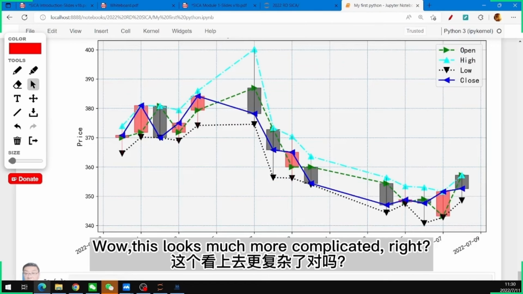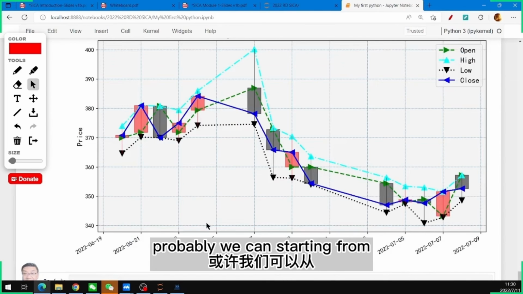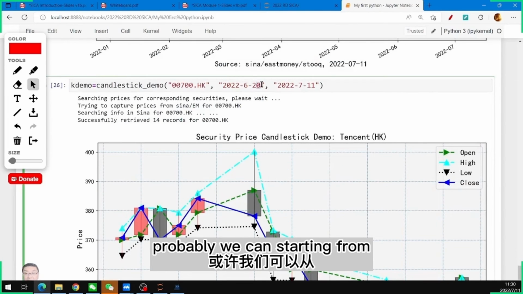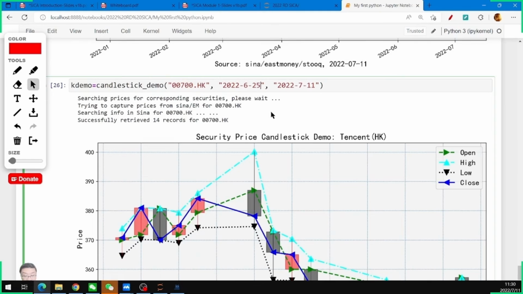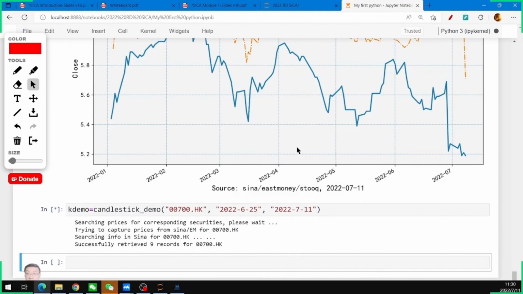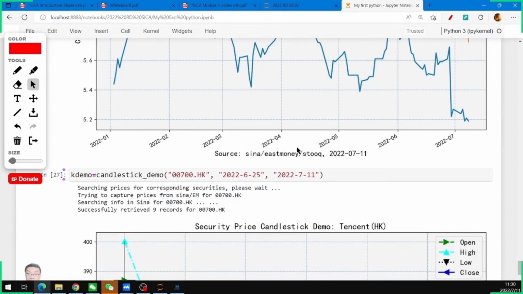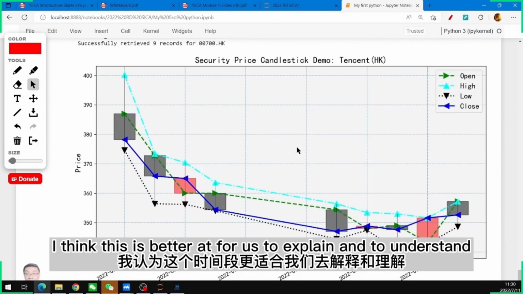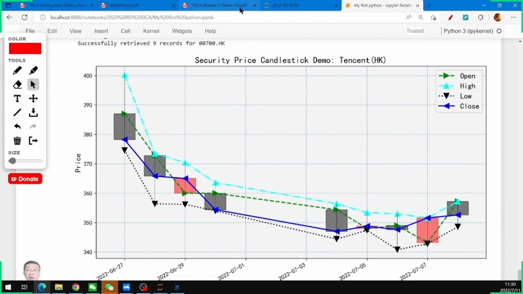Wow, this looks much more complicated, right? Probably we can start from 25th. I think this is better for us to explain and to understand how K-line works.